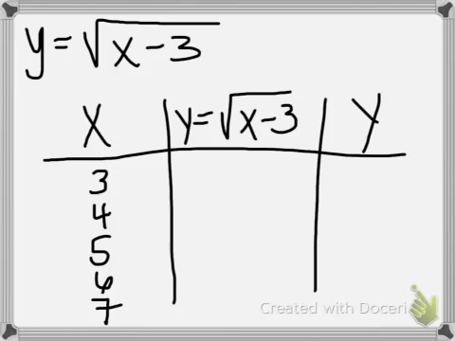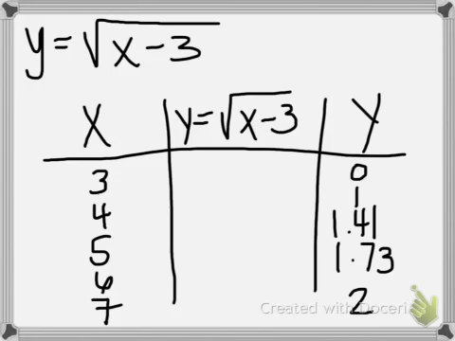This is because if we entered numbers less than 3, it wouldn't come out correctly. After you plug in these numbers into the equation, you should get the following numbers. For 3, you should get 0; 4, 1; 5, 1.41; 6, 1.73; and for 7, 2.